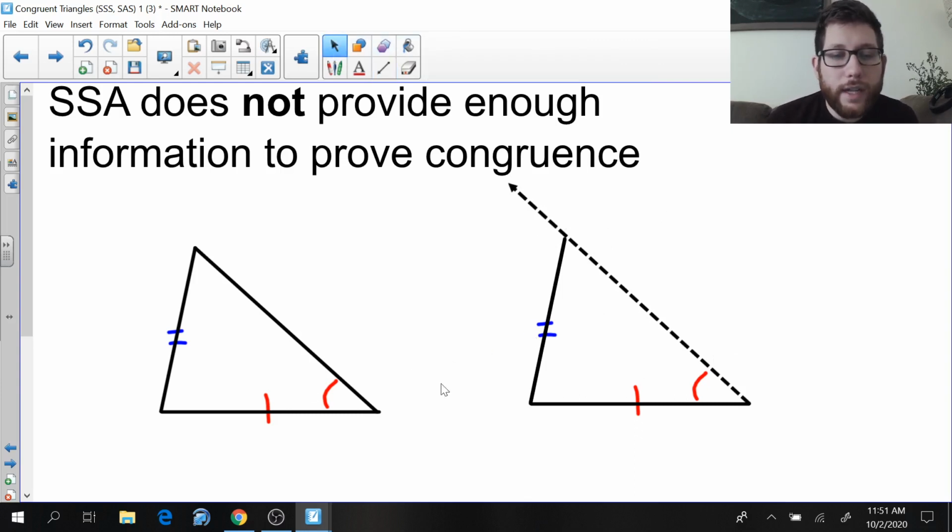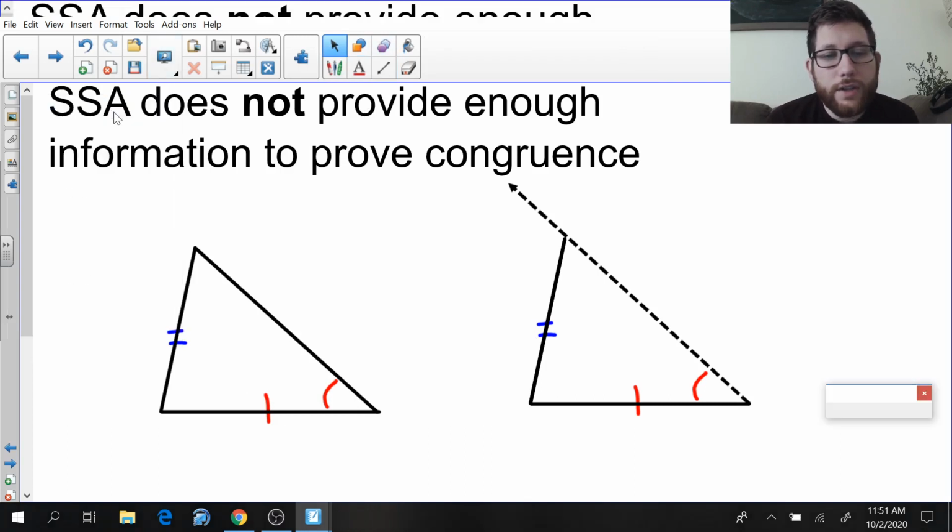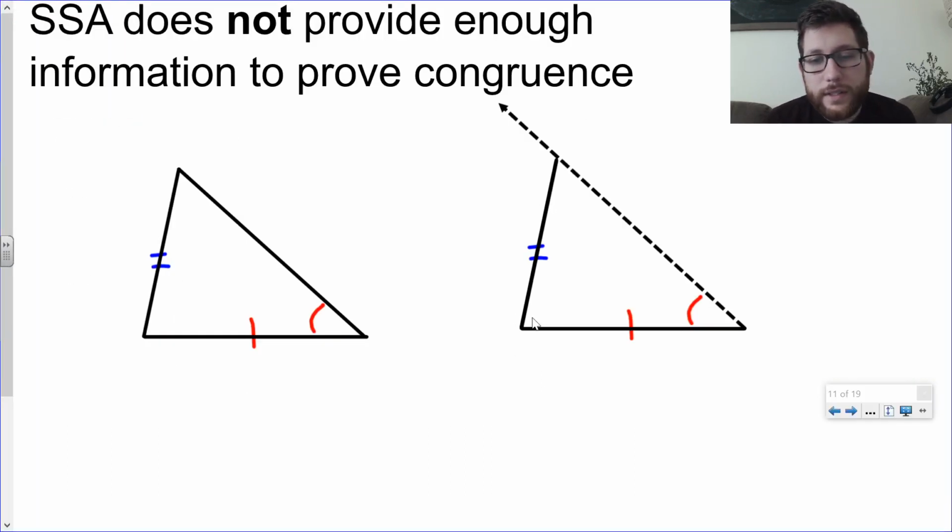Now, I could set up my triangles so that they're congruent, so I have an angle and a side, but watch this. What if I rotate this angle? Notice this angle's not locked in, so let's rotate this. I'm rotating it, and I end up with the same length. So I could put my 2 marks on here if I wanted to.